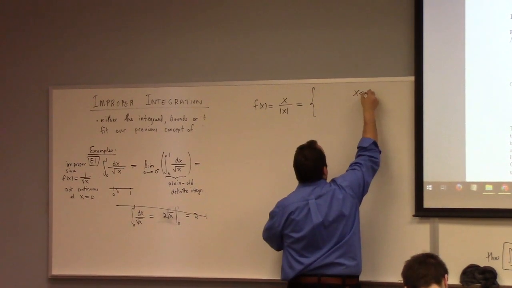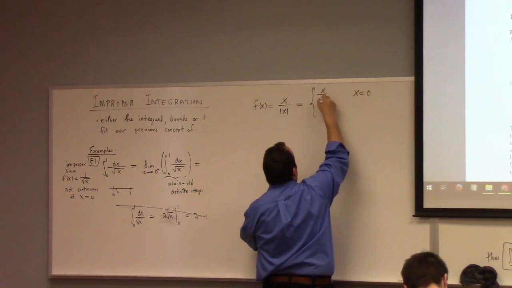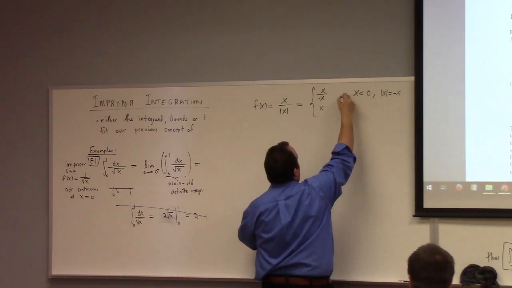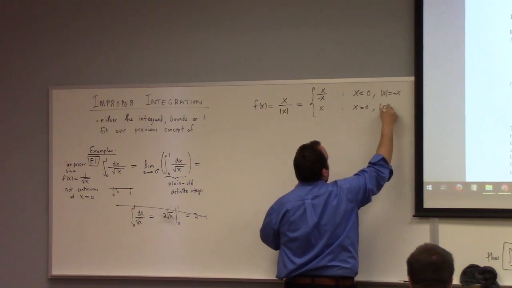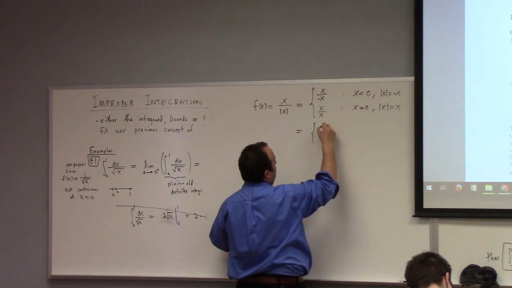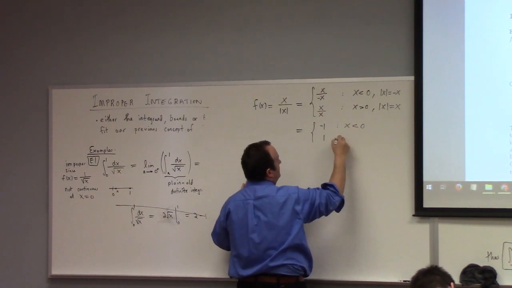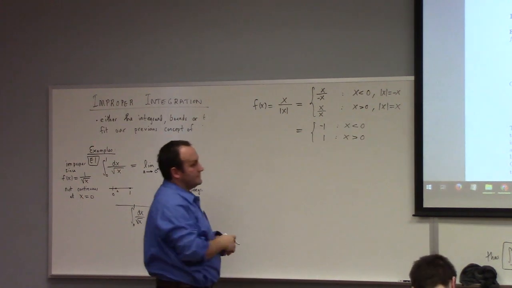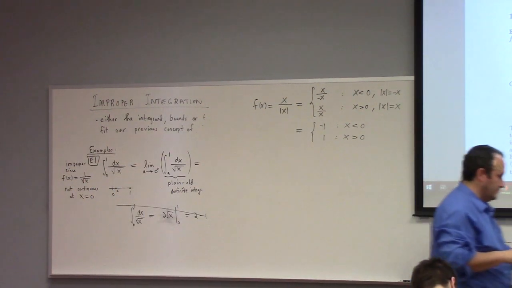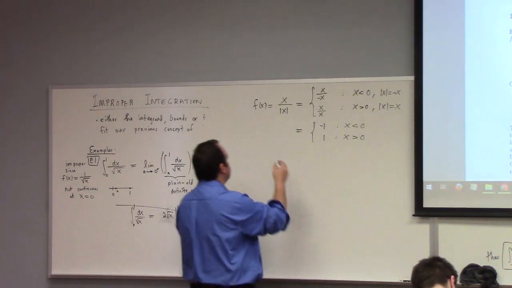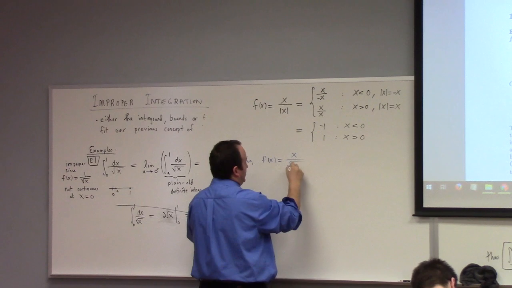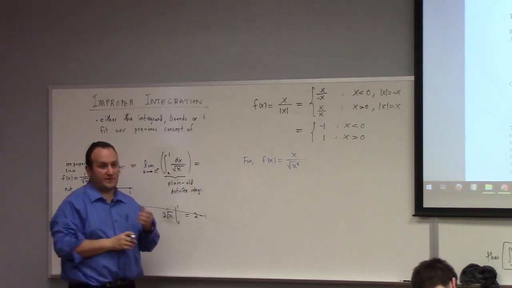So if x is less than 0, we have x over minus x. If we have x greater than 0, then the absolute value of x is just x. So we have x over x. In other words, this is simply minus 1 for x less than 0, and it's 1 if x is greater than 0. So this function has a discontinuity at 0, right? I wonder if you've ever seen this. We could write f of x equals x over the square root of x squared. That's a formula for the same function.